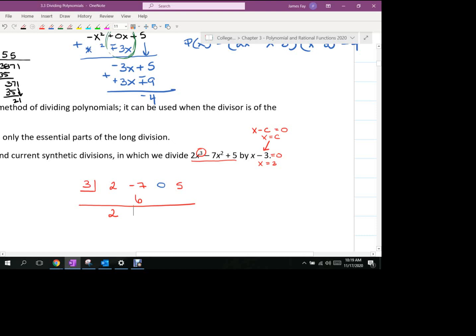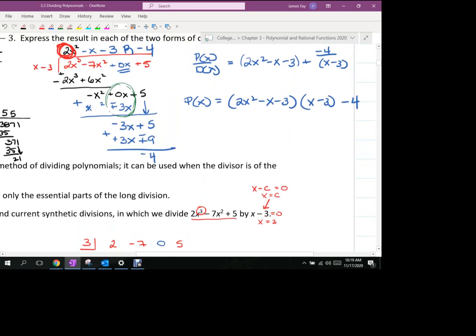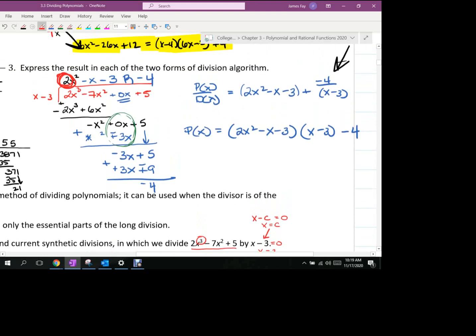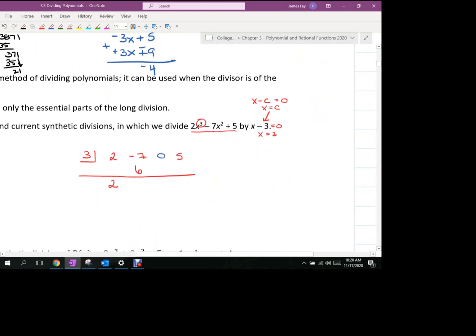Okay? So I'm going to go back up to the long division. Didn't we take this 2 times that 3, and it became that 6 right there? And that 6 got placed underneath the -7, right? Is that 6 placed under -7 here? So we're going to add straight down, make it -1.